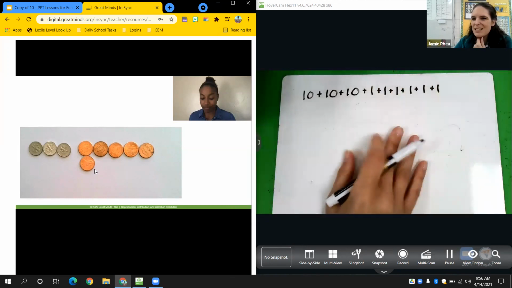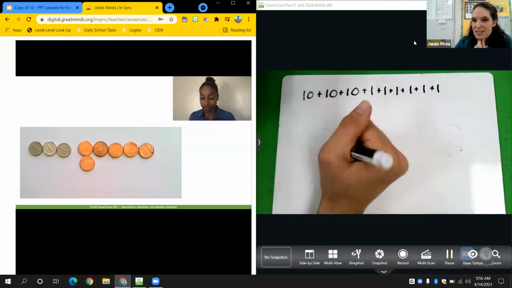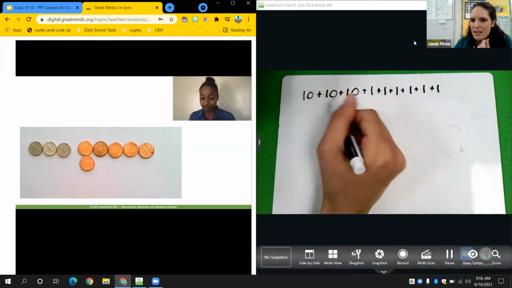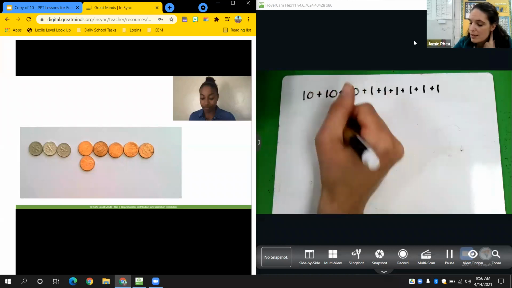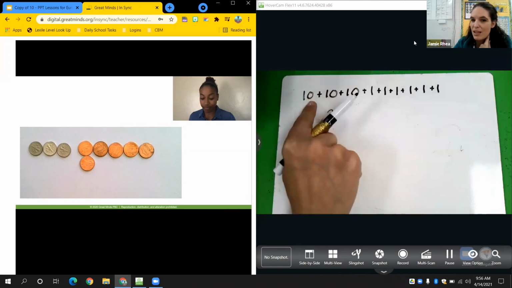Now let's look at this like tens and ones, okay? Just like we did when we drew the dots and the sticks, like the quick tens. You can think of it like that. How many tens do we have? 1, 2, 3 tens. But it's not 3 because the value is 10.